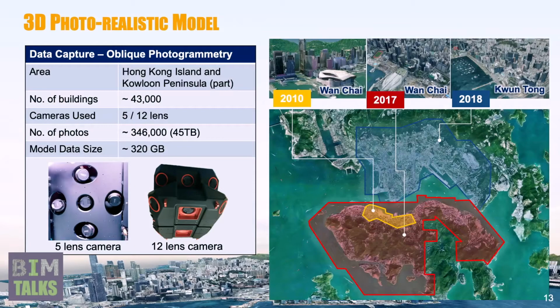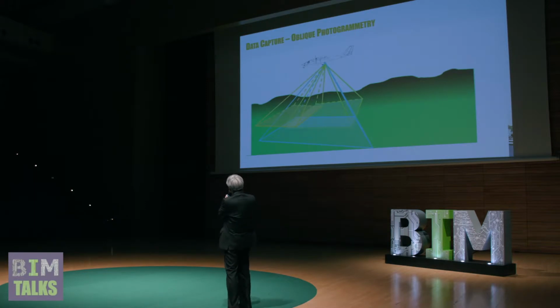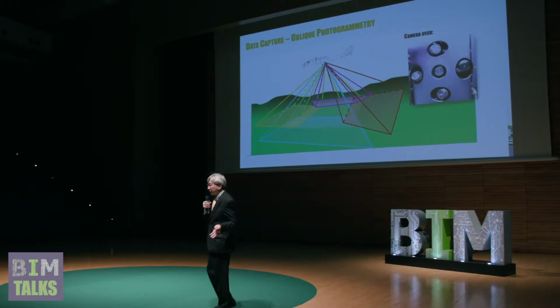So first thing, data. We used to have a 2.5D model, and also different CAD systems. So we use an oblique photogrammetry technique, using 5 cameras, or 12 cameras, mounted on a helicopter to capture information from both sides of Victoria Harbour. So there are 5 cameras mounted on the aircraft taking 5 or 12 shots together.